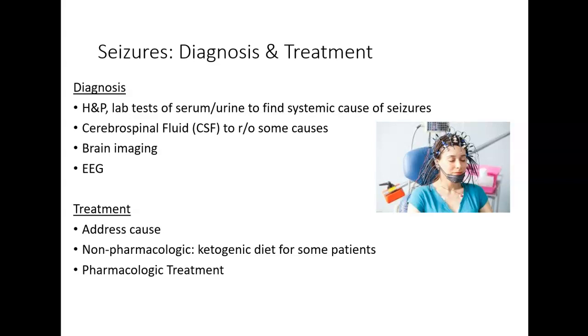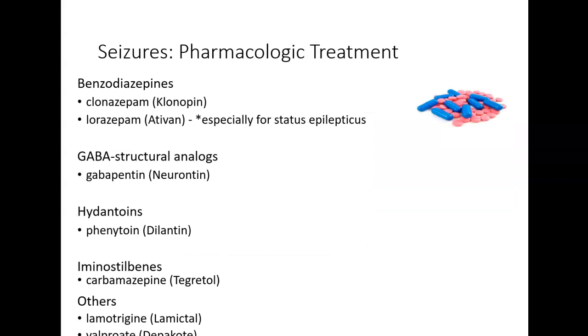So it's something to consider. The only thing is a ketogenic diet can be very difficult to maintain. But if you're a young kid and you have lots of seizures and your parents are controlling your food, that might be an option. And then pharmacologic treatment, actually some kind of medication to treat seizures.